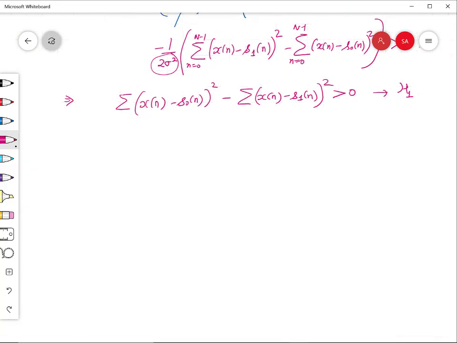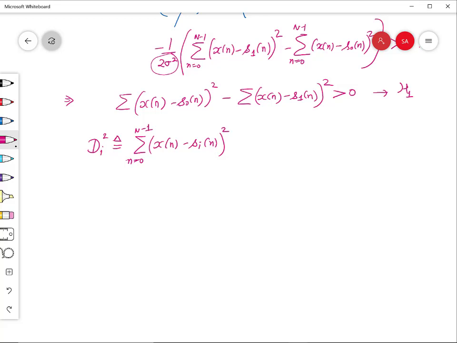Alright, so now let me define something called a distance vector. Let me define this d_i squared as the summation of (x[n] minus s_i[n]) whole squared, n going from 0 to capital N minus 1. So what is this?